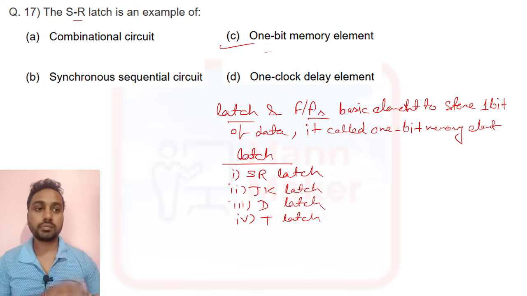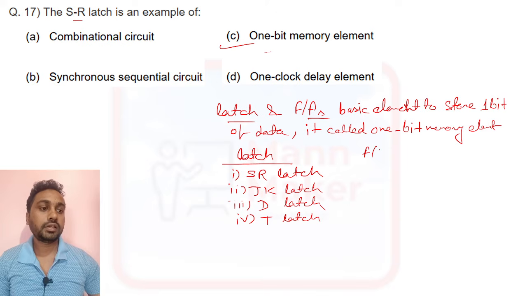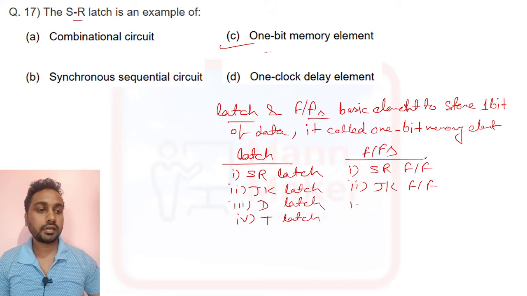Similarly, a flip-flop is also a one bit memory element, and it has 4 types: SR flip-flop, JK flip-flop, D flip-flop, and T flip-flop.